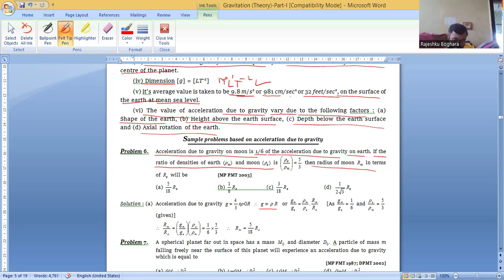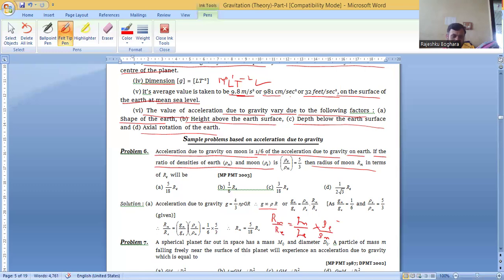We have to find Rm by Re, so we make Rm by Re the subject. Then Rm by Re is equal to gm by g into ρe by ρm. Here gm by g is 1/6, and ρe by ρm is equal to 5 by 3.